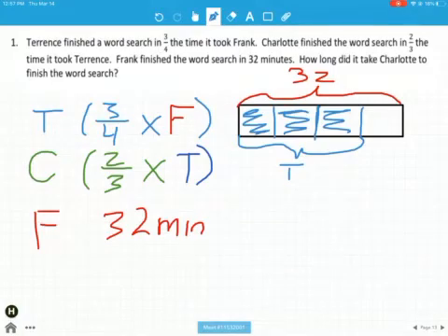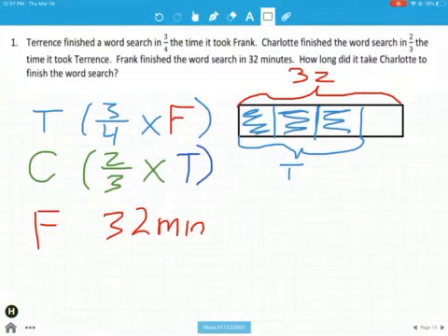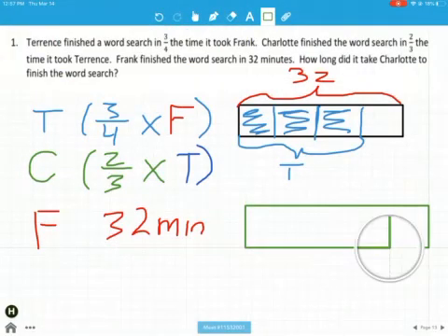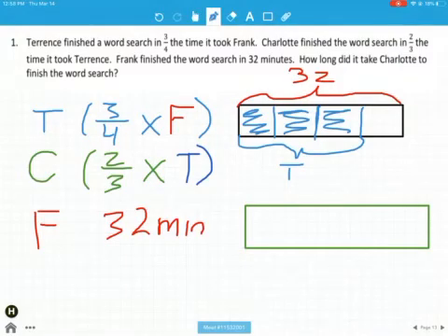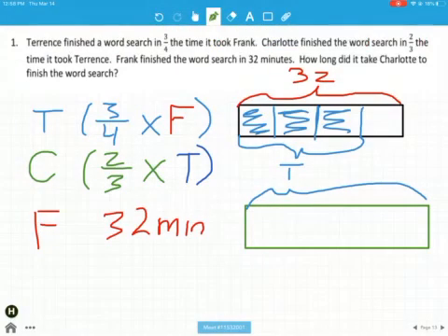Once we find Terrence, we can do Charlotte. Okay? So I'm going to go ahead and do Charlotte really quick and show you Charlotte. So once we find Terrence, then we can find Charlotte, who this time we're doing into thirds, and she is 2/3.